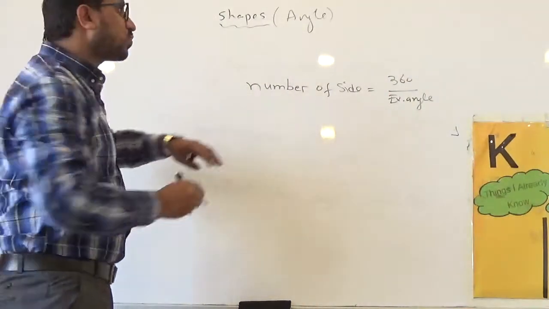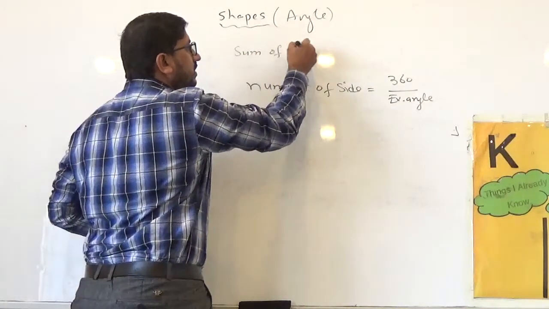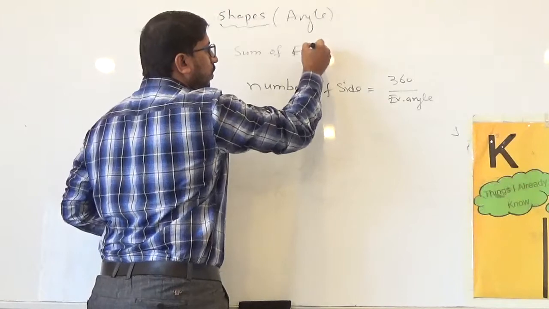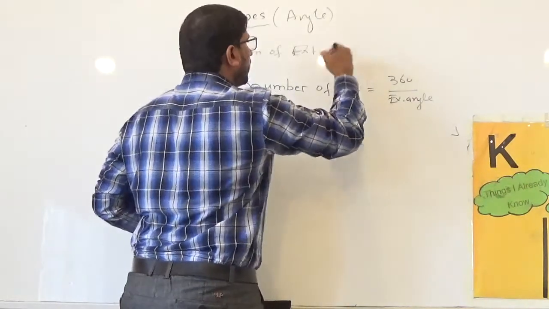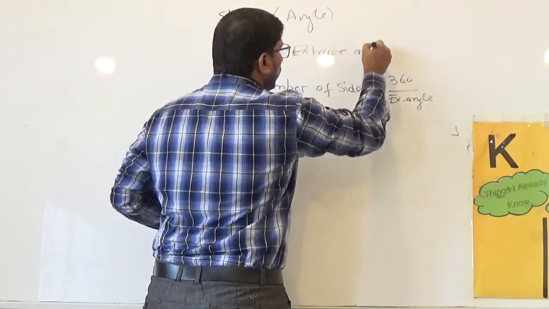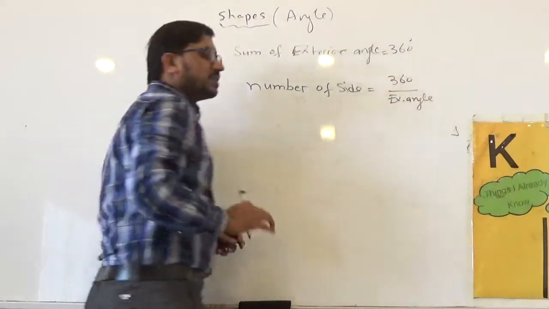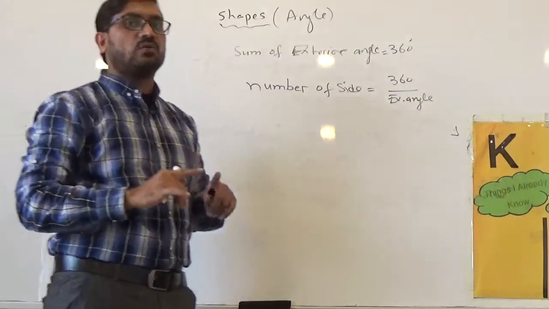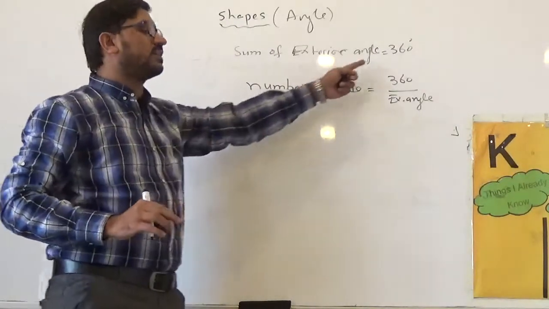Before this, I want to mention one more thing: the sum of exterior angles of any polygon, whatever polygon you are given, is always equal to 360 degrees. You must keep this in mind.